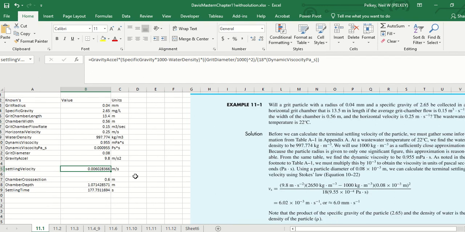So the settling velocity, we just plug it into the formula there, and we end up with 0.006 meters per second. And the cross section is 6 meters. Depth is chamber cross section by the chamber width. And so our settling time there, we had to calculate the depth, is the chamber depth divided by the settling velocity.